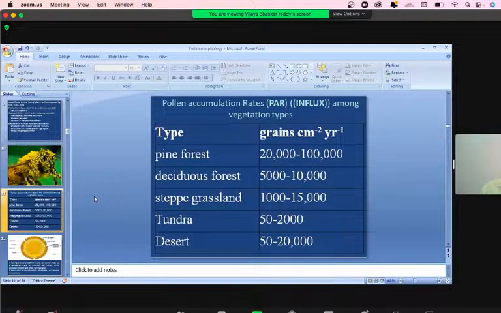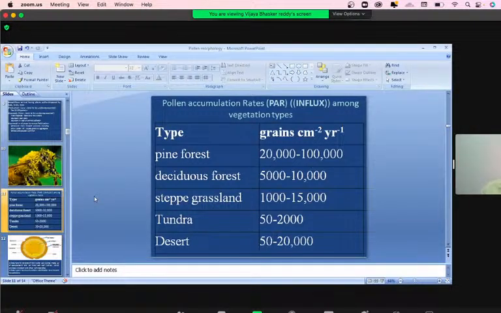So here, in this slide you can see the pollen accumulation rates among the vegetation types. Pine forest, the number is so high. This is in grains per centimeter per year, the fall of the pollen grains near the plants.